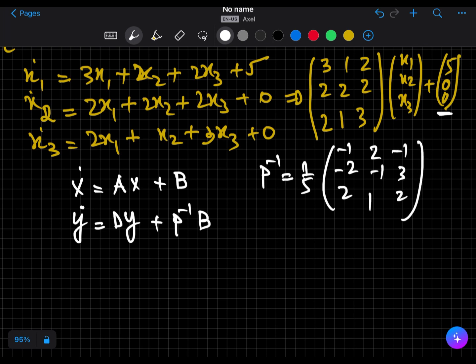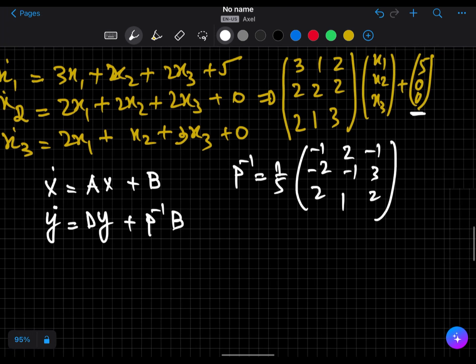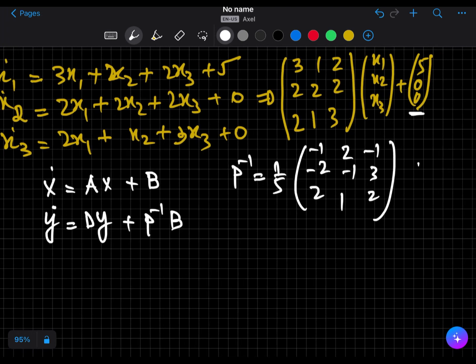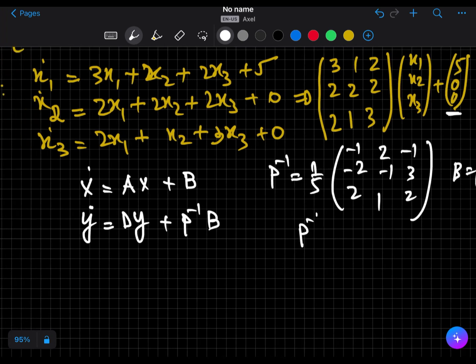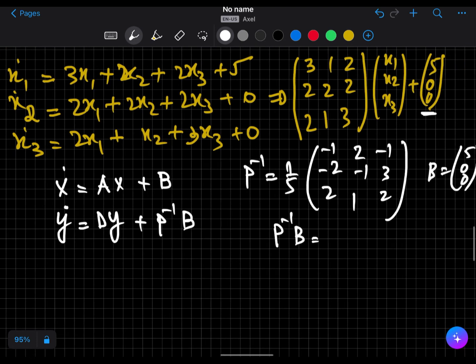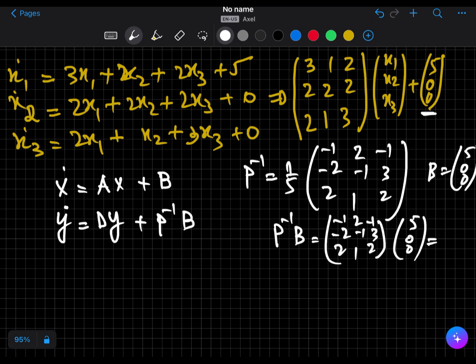And b is 5, 0, 0. If you multiply this matrix times b, you will obtain 1 over 5 times minus 1, minus 2, 2.